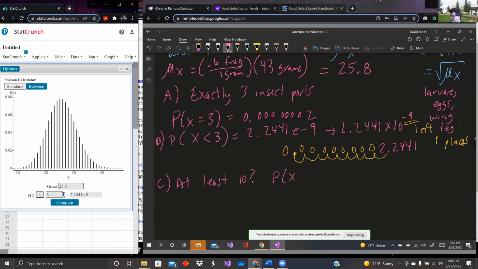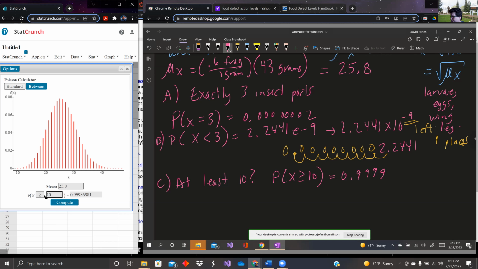The probability that X is greater than or equal to 10 is 0.999, and if I wanted to round to 4 decimal places, another 9. So every Hershey bar has at least 10 insect fragments.